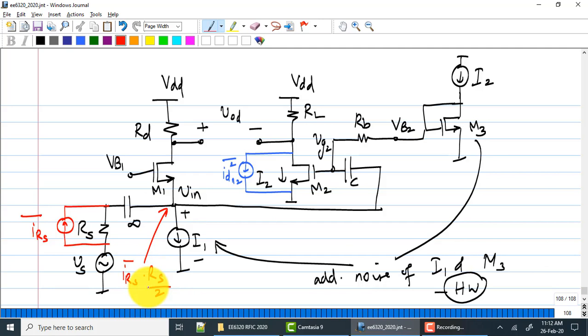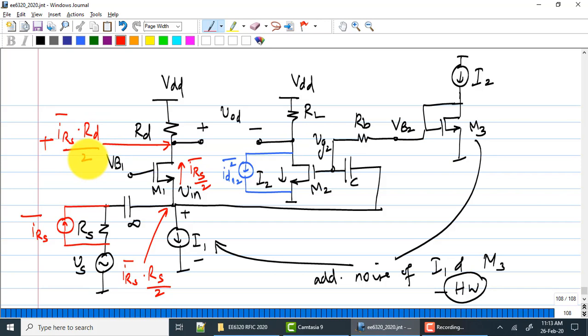So this is IRS by 2. That gets multiplied by RD. With the directions we have taken, the current is flowing into the resistance RD to create plus IRS into RD by 2. Okay. This voltage at the in node, IRS into RS by 2, gets multiplied by the gm2 to cause the current to flow through RL.